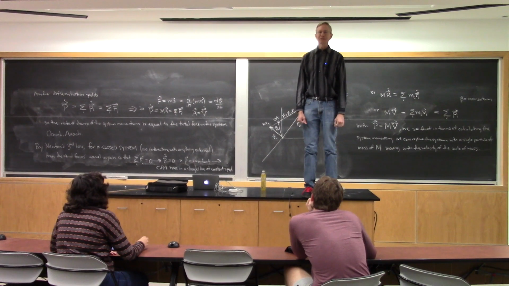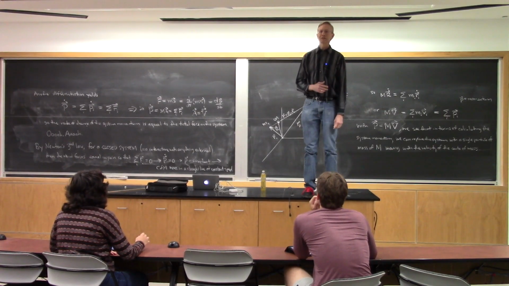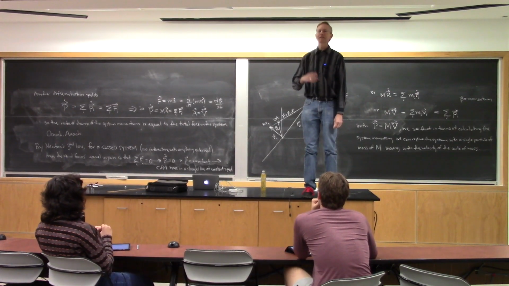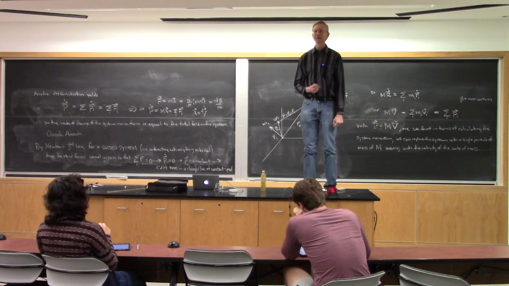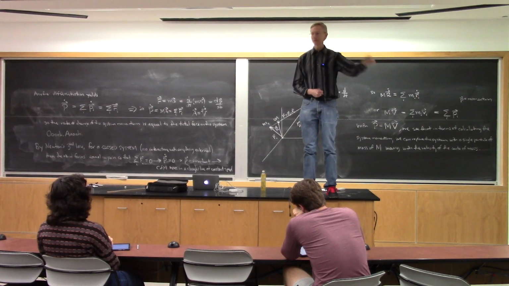Center of mass of the system moves exactly like a single particle with the total mass of the system moving under the net external force on the system. So my center of mass moves exactly like a single particle with my mass moving under the influence of gravity. So what does my center of mass do? It just follows a parabola.